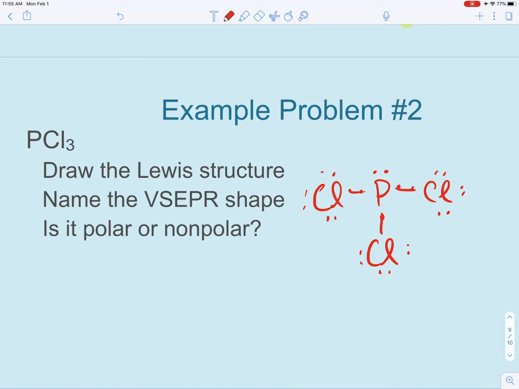Cool, so we've got 3 bonded, so that's the structure, 3 bonded and 1 lone pair of electrons up here. So the shape here is going to be tri because there's 3 bonded, trigonal pyramidal. Okay, is it polar or nonpolar?